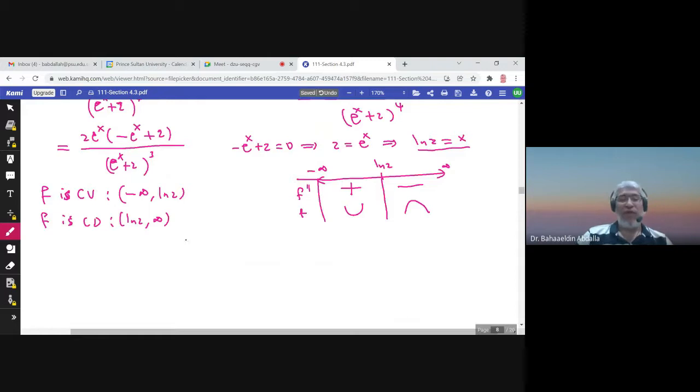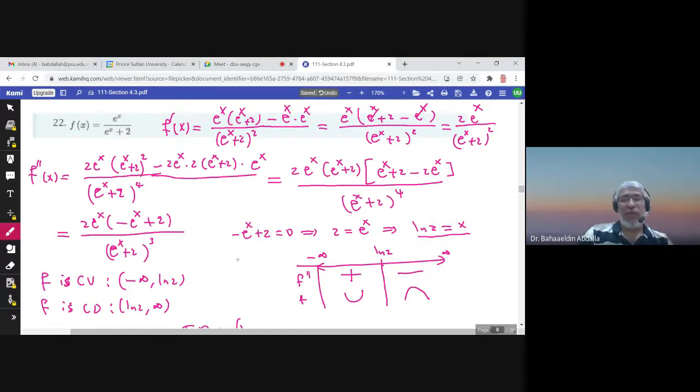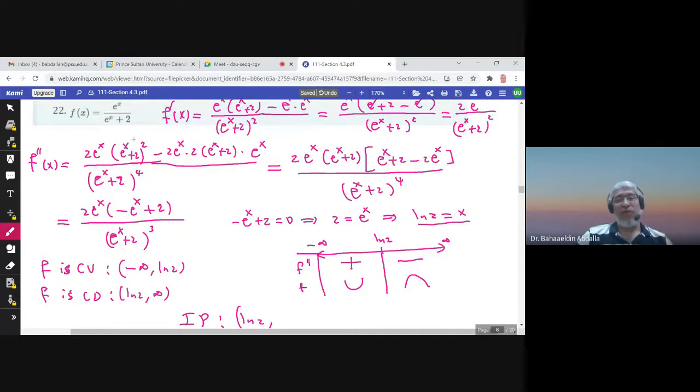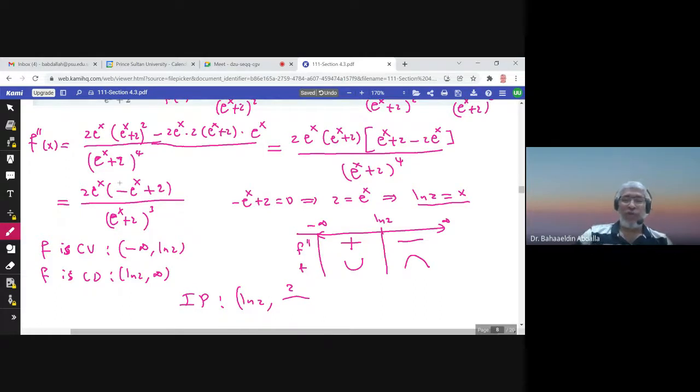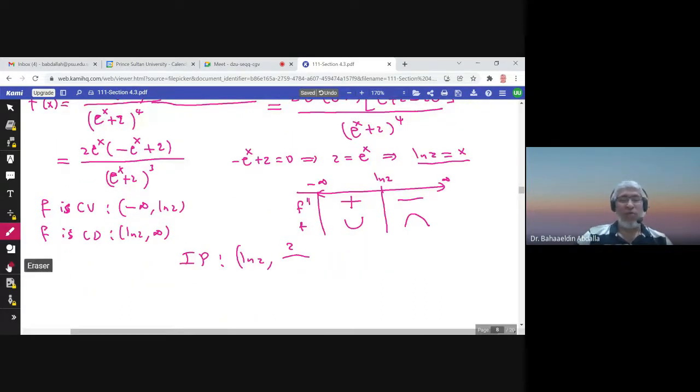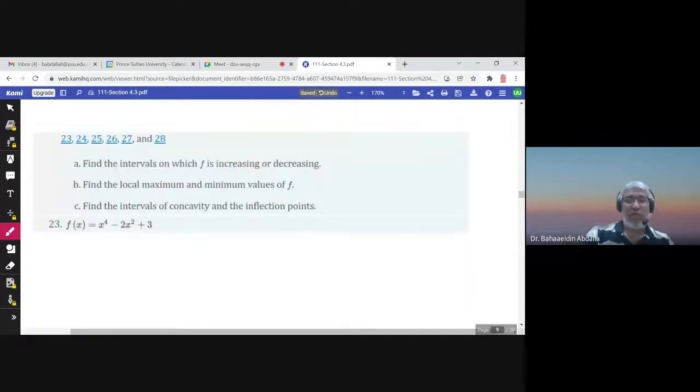And we have one inflection point here, which is ln 2 and f of ln 2. And if you put x equals ln 2, e to the power ln 2 is 2, over e to the power ln 2 is 2, 2 plus 2 is 4. So it's 2 over 4, or actually half. So this is the inflection point of this function.